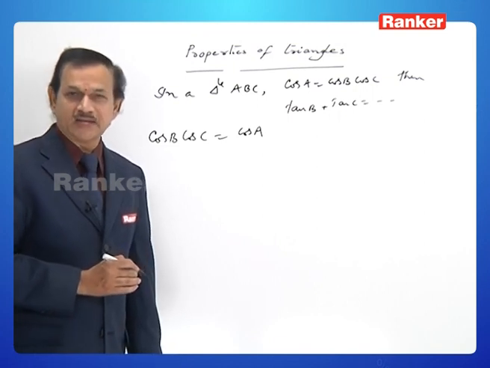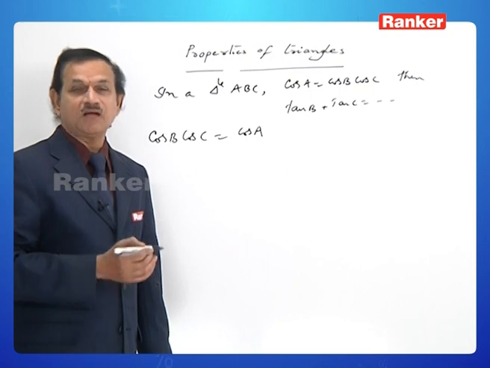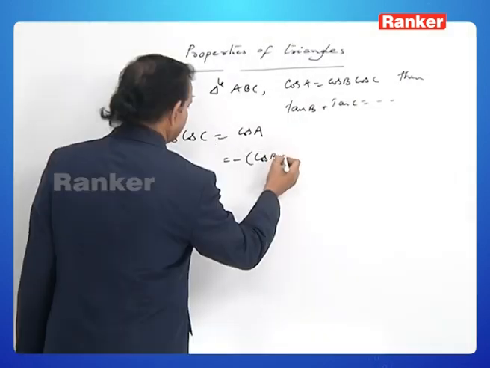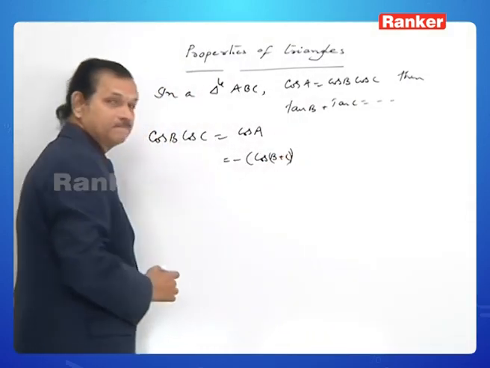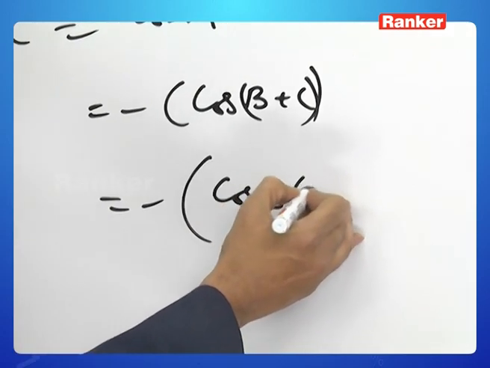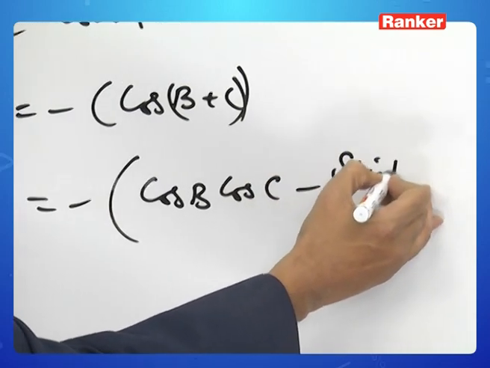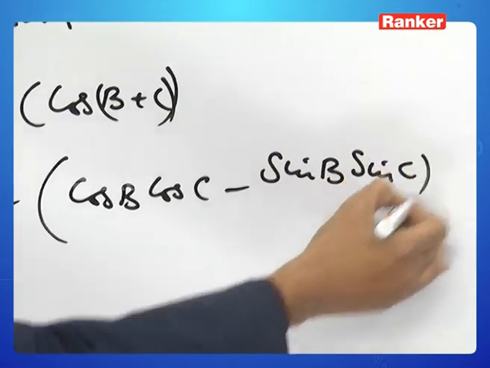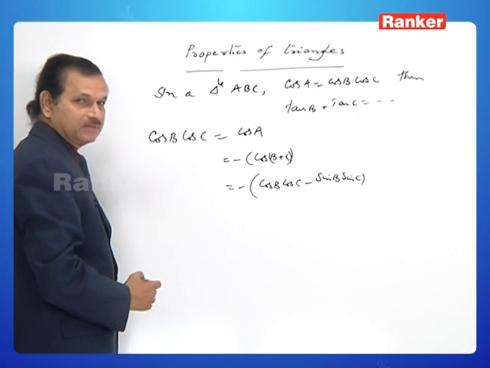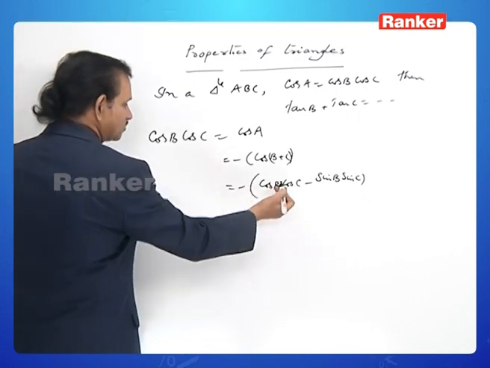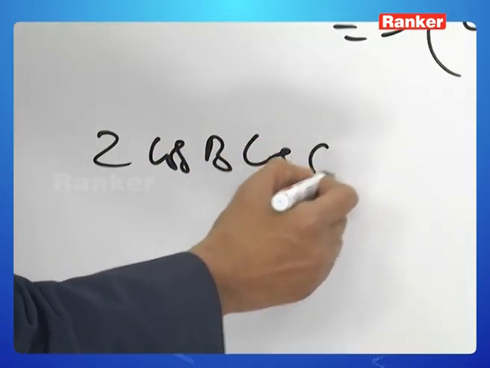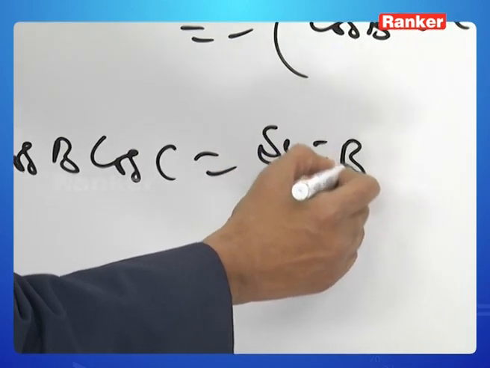Hence, A can be taken as 180 minus of B plus C. The cos of 180 minus of B plus C is just nothing but minus of cos B plus C. Hence, this can again be written as minus of cos B cos C minus sin B sin C, which is minus cos B cos C plus sin B sin C. If you take this minus cos B cos C to this side, what is going to happen? 2 cos B cos C is equal to sin B sin C.